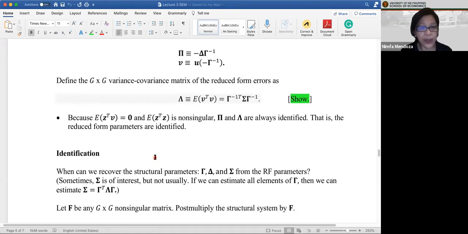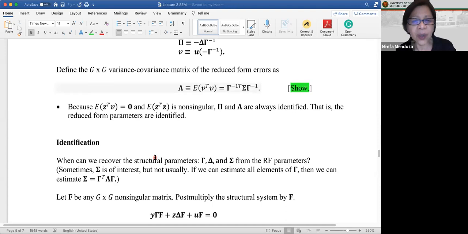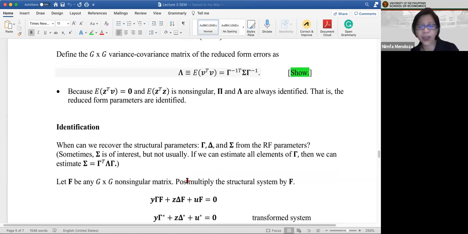Let's go to the question of identification in the context of a system of G simultaneous equations. Okay, so in identification, we would like to look at when we can recover the structural parameters, gamma, delta, sigma, from the reduced form parameters. Okay. So here I have sigma. Sigma is of interest, but not usually. Okay.